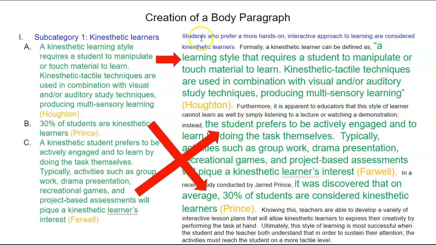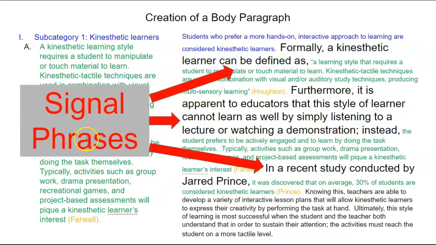So we've tracked where the blue part came from, the green and the orange, but we still have these little black chunks that come before our facts. Those are called signal phrases. There are lots of different words for these: introductory phrases, transition phrases, but I like to call them signal phrases. A lot of times they tell you who wrote the source or where that information came from.